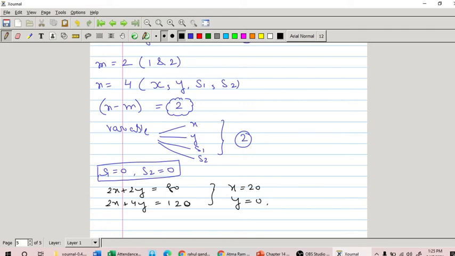Similarly, we can also put other values as equal to 0. Now one other possibility is when s1 and x are set equal to 0.